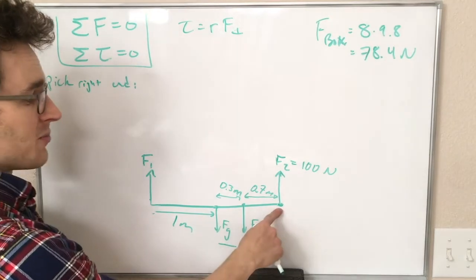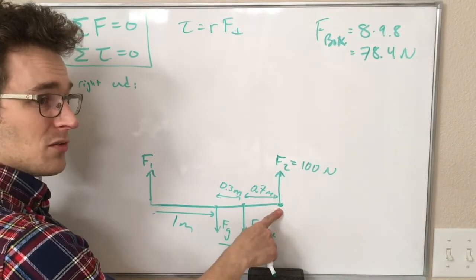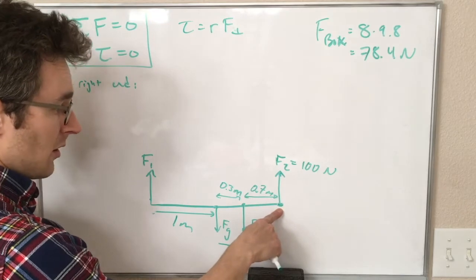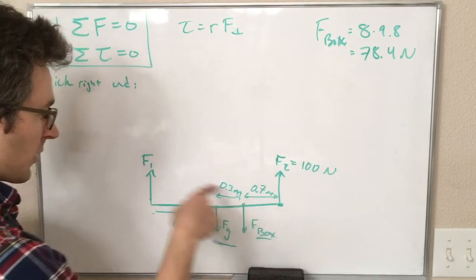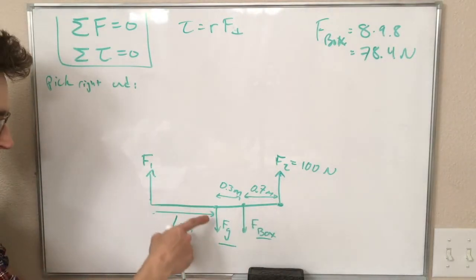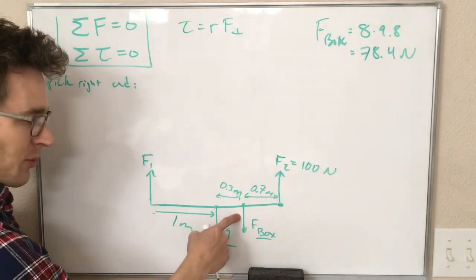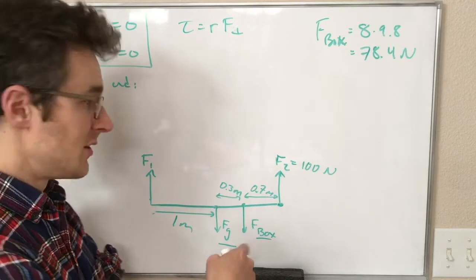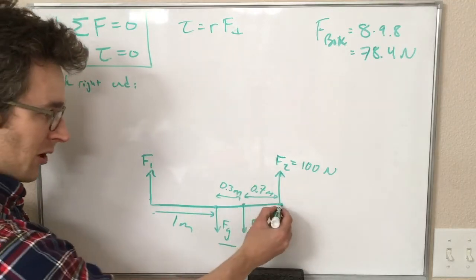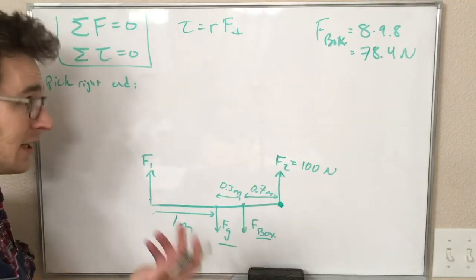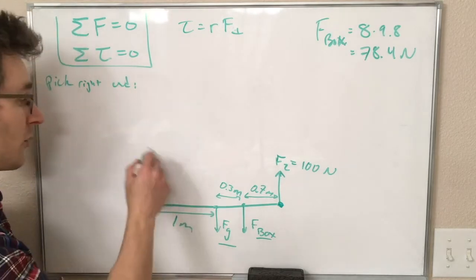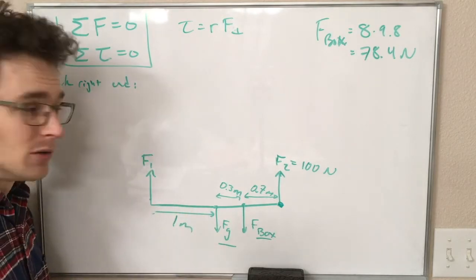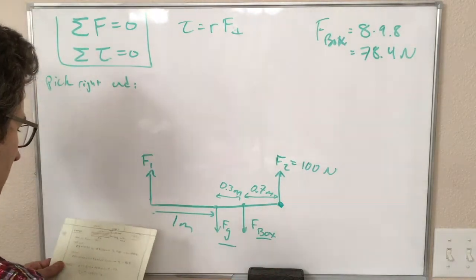If I pick this point as my rotation point, I'm going to end up with a torque equation that has a torque for F1, it has a torque for gravity, it has a torque for the force from the box, but it does not have a torque from F2 because R is equal to 0 for F2 if we pick this point. So that's going to again leave us with an equation with only one thing we don't know, F1, which is the other piece we're trying to solve for.